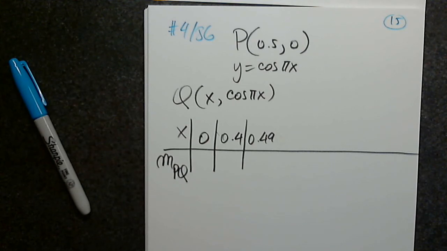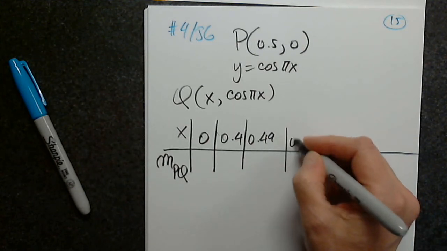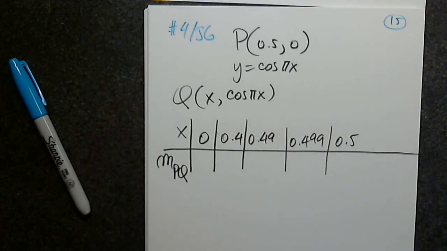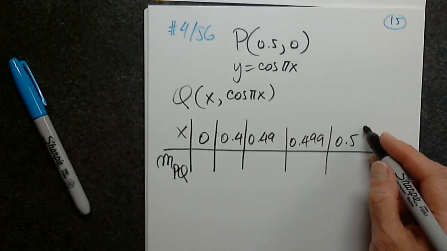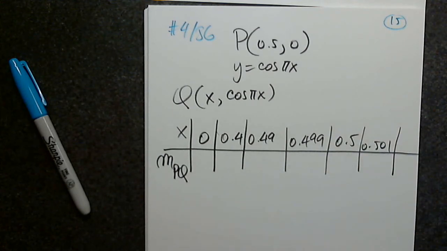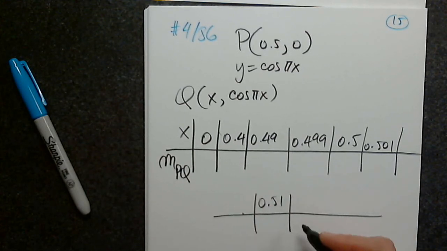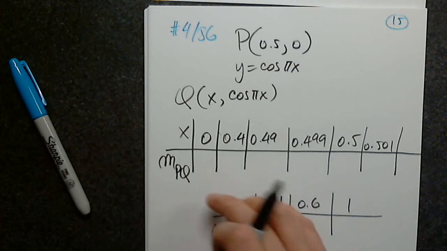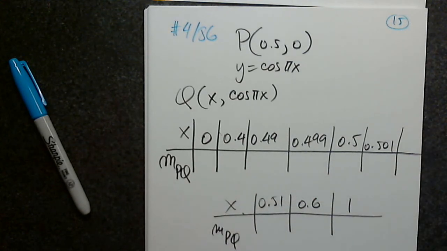You'll see why it's not that important in a minute. 0.499. 0.5 is in the middle. And then the next one on the other side is 0.501. And then 0.51. And then 0.6. And then 1. And I'm going to copy the beginning of the table. But you know this should have been continued.